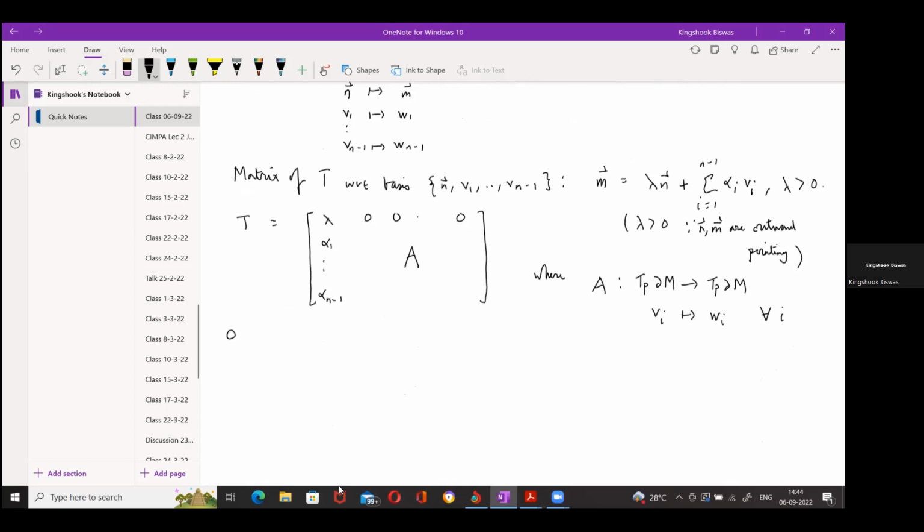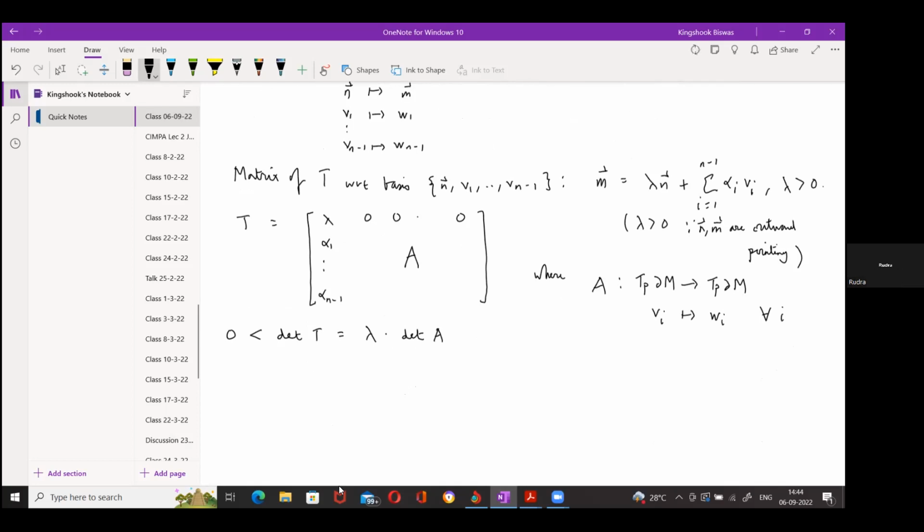Therefore 0 is less than determinant T, and determinant T is equal to lambda times determinant A, because in the first row all the other entries are 0.